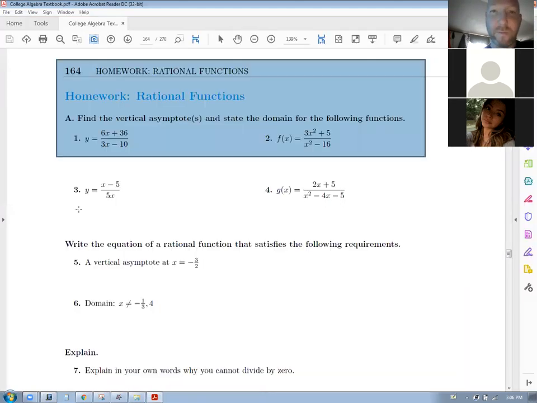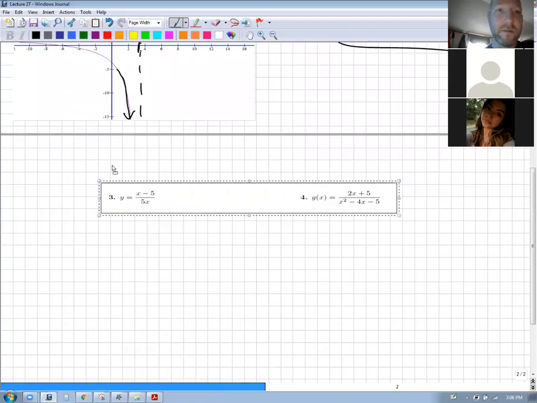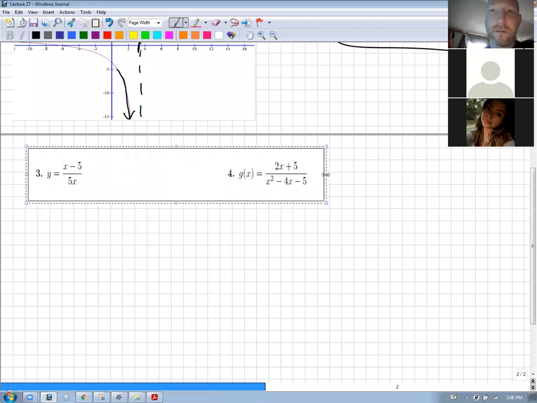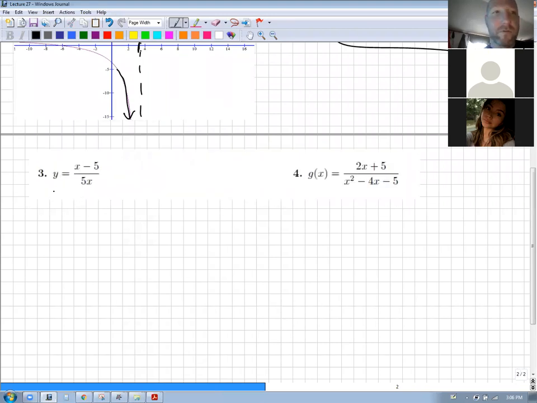So let's look at a couple more. For number 3 here, you'd just say 5x equals 0, and that's only if x equals 0. So the vertical asymptote is at x equals 0.